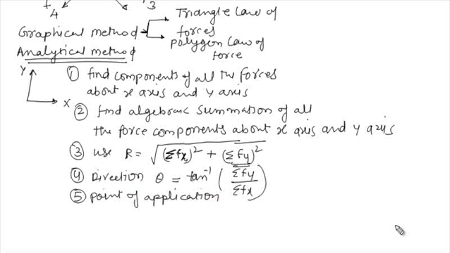So in a coplanar concurrent forces system, the point of application will be the same, as all the forces like F1, F2, F3 and F4 are acting on the point O. So the point of application will be the same as all forces.